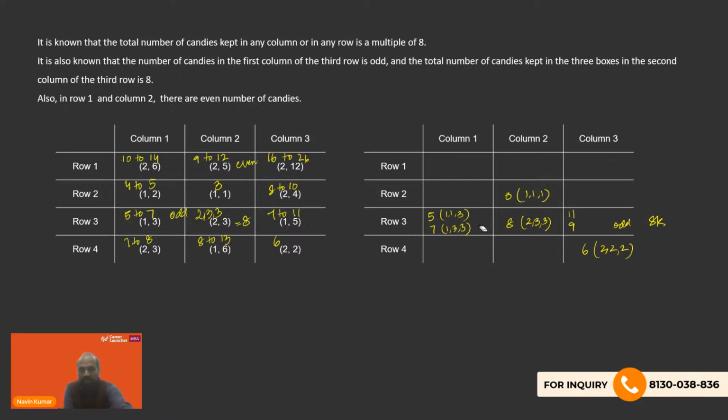If we look at 11, so I'm getting rid of this odd combo. Now, 11 we can get is from 1, 5, 5, while 9 we can get is from 1, 4, 4, or it can be from 1, 3, 5.